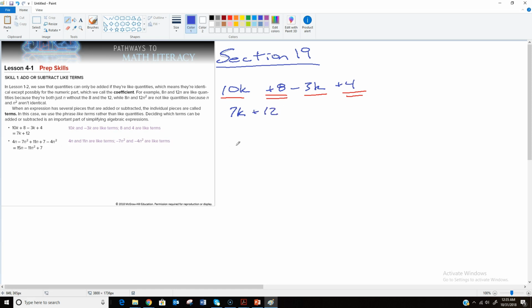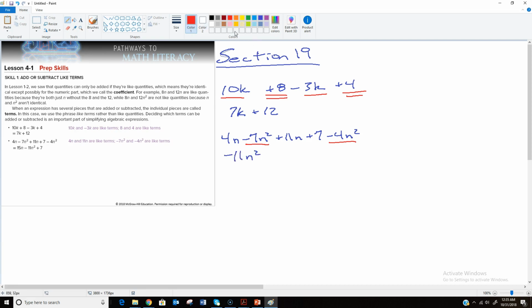And so you can do that with any polynomial type expression, which is where you have a number in front and then a variable, or just a constant like the 7 here. In this case, we can put the negative 7n squared with the negative 4n squared and make negative 11n squared.